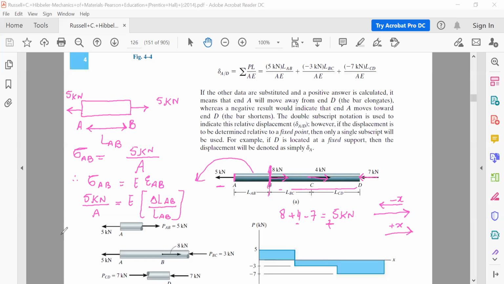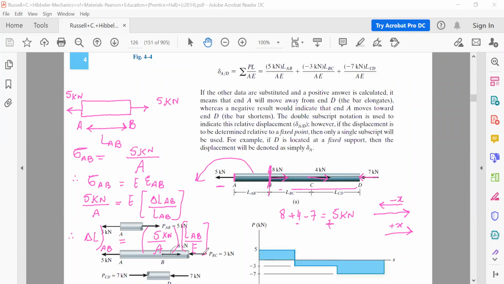Okay, therefore we can write the change in length delta L in the section AB. I will write it like this: change in length of the section or element AB is equal to 5 kilonewton divided by area, and multiplied by length of the section AB divided by the Young's modulus of elasticity.